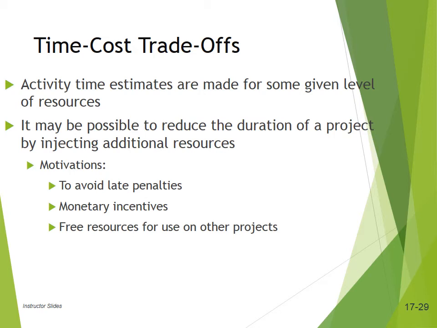So a project which requires 5 days with 5 workers, if I can have 8 workers, then maybe this can be done in 3 days. So this is the trade-off between the labor cost and the time estimate for that activity.